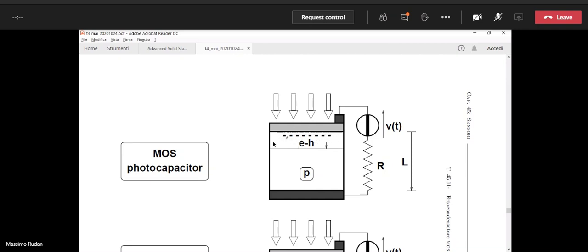This depleted region forms in a time that is of the order of the dielectric relaxation time, practically almost immediately, because that time is very short.